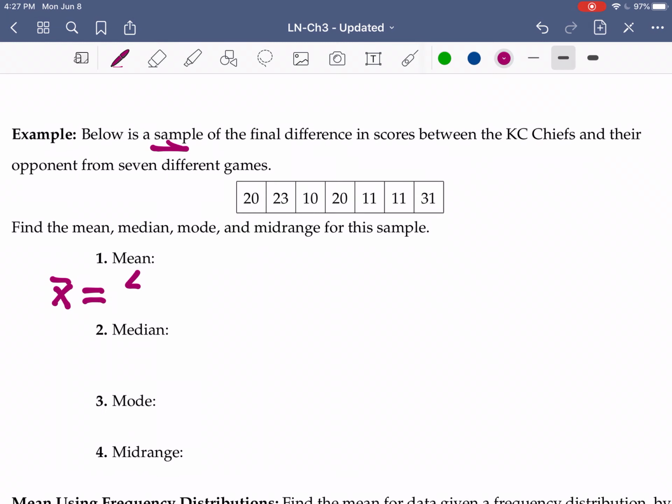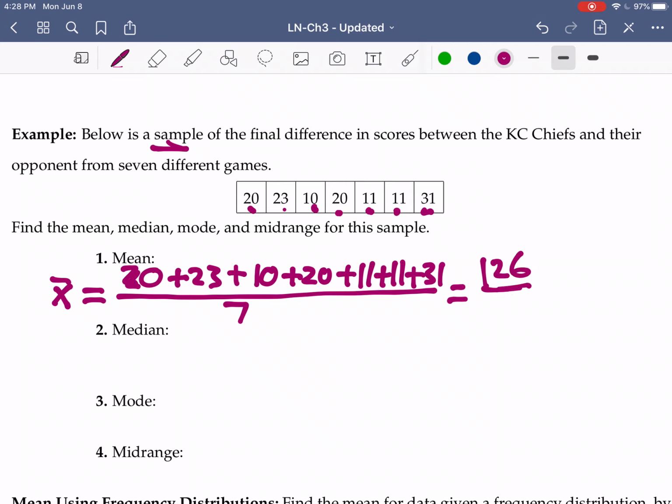divided by 7. And it's 7 because there are 7 different data values here. 1, 2, 3, 4, 5, 6, 7 data values. And so we get 126 over 7, which gives us a mean of 18.